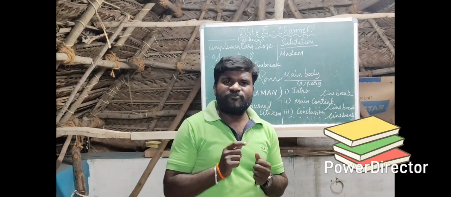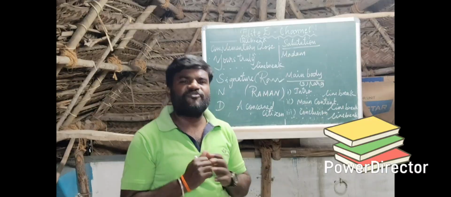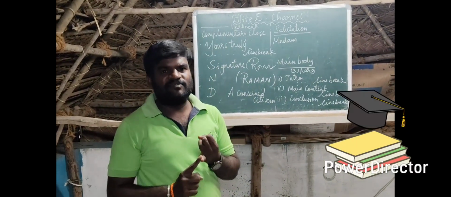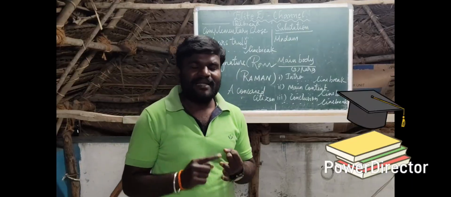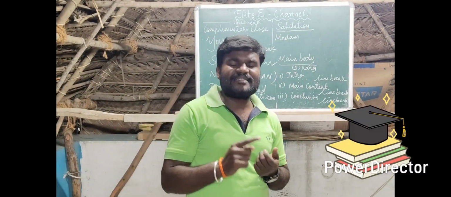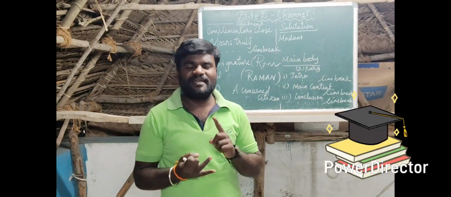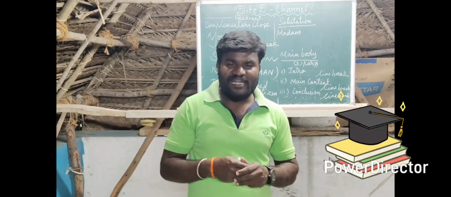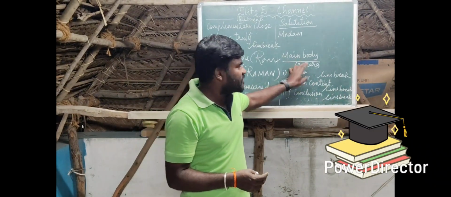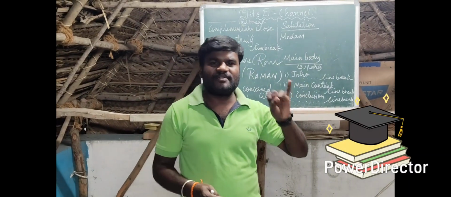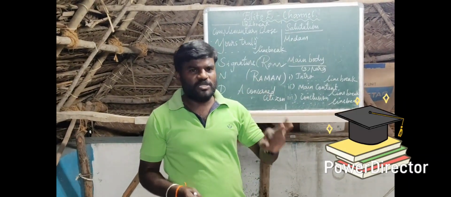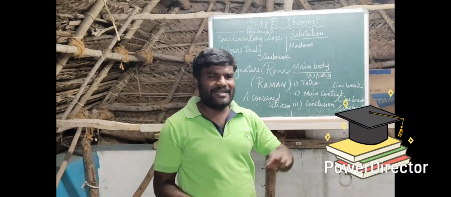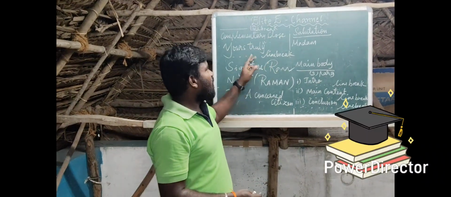So this is the format for all the 4 formal letters; we have seen their formats. We start with the sender's address, followed by the date, line break, receiver's address, line break, subject, line break, salutation, followed by the body of the letter. The body consists of 3 paragraphs: introduction part, main body, and conclusion part, or else a close-up line, followed by a line break, then the complementary close.